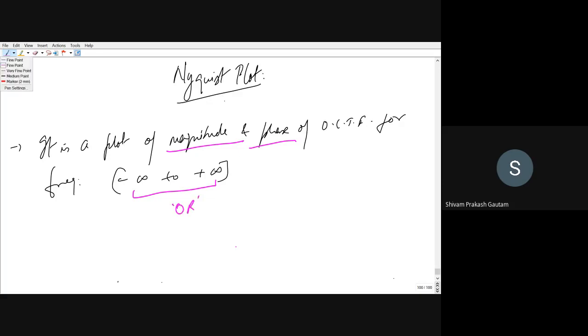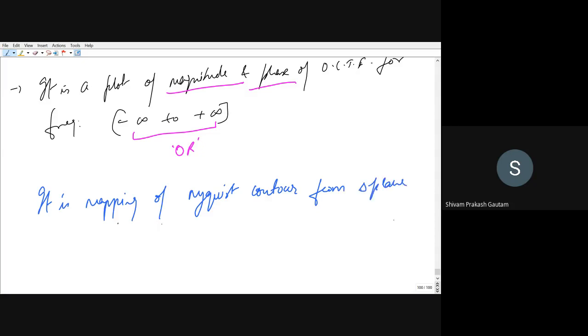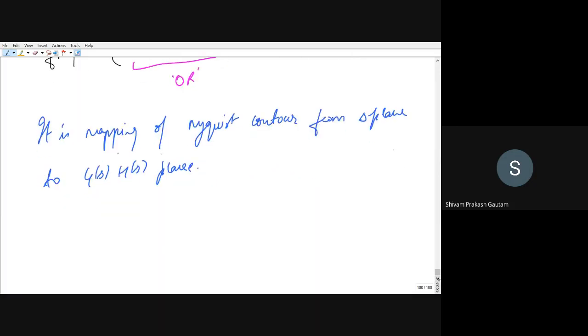Or second definition, I've already provided this in the notes, so you can read from the notes as well. It is a mapping of Nyquist contour from S plane to GH plane.